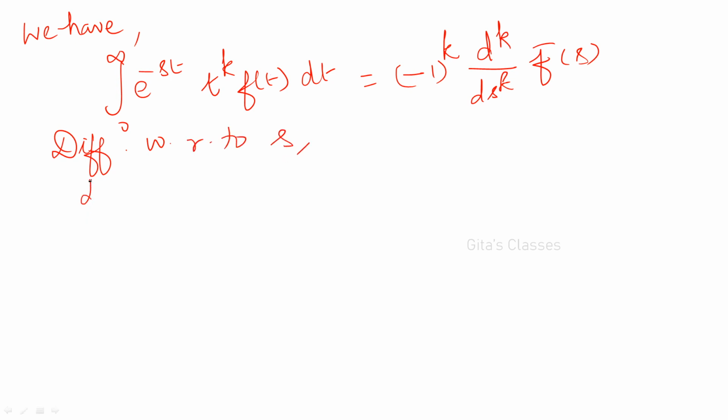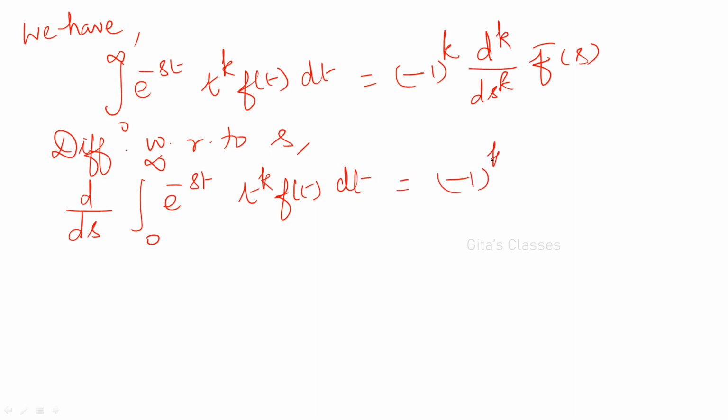So now again differentiating with respect to s on both sides. So d by ds of integral 0 to infinity e^(-st) into t^k f of t dt is equal to (-1)^k d^k by ds^k into f bar of s. Now again by Leibniz rule, you take this inside.